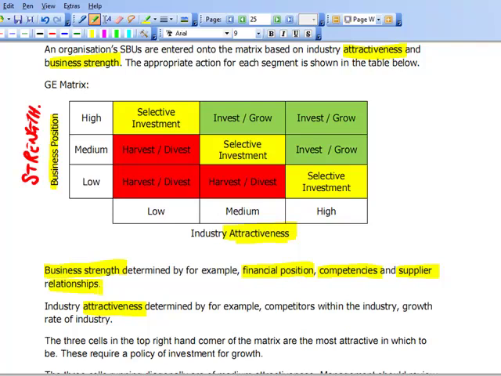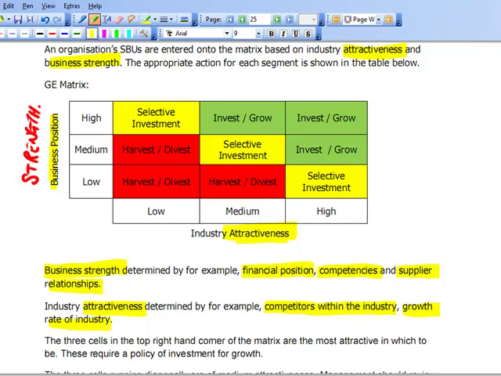The industry attractiveness will depend on, again, a number of factors. So, for example, competitors within the industry. We can use Porter's 5 forces to determine industry attractiveness. What about the growth rate? How attractive is it according to the growth rate? So let's go back to the diagram now.